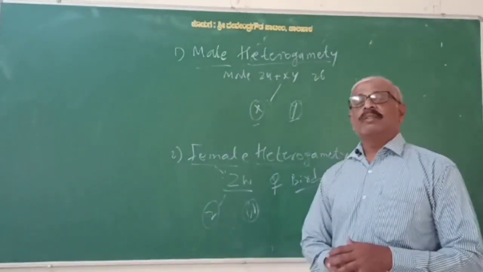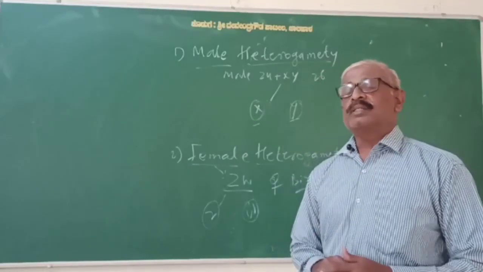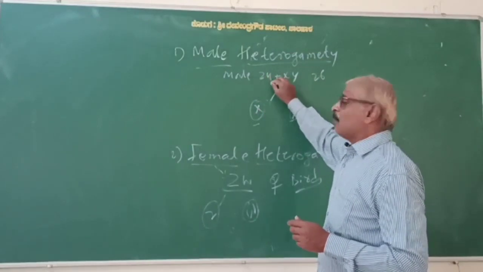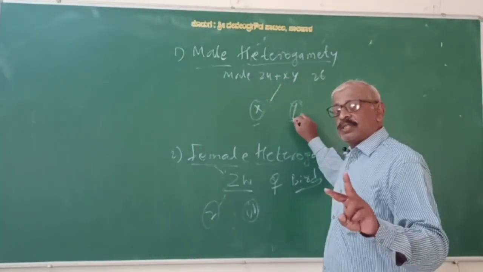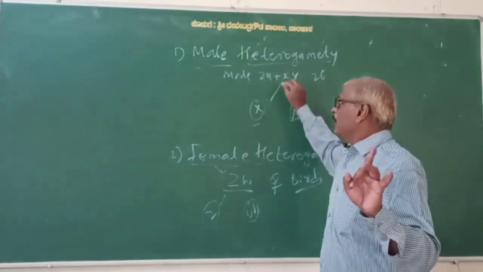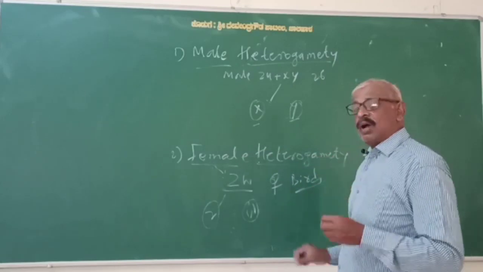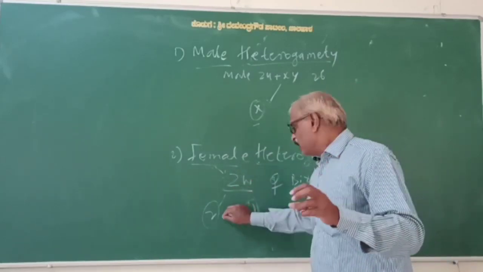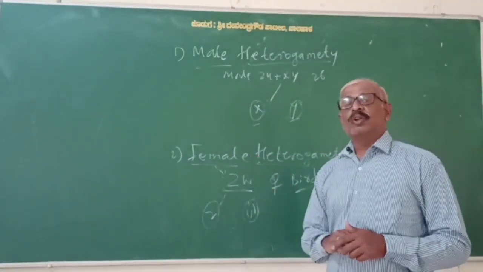I hope it is clear for you. Male heterogamity is when the male is responsible for producing two different kinds of gametes. Female heterogamity is when the female is responsible for producing two different kinds of eggs.